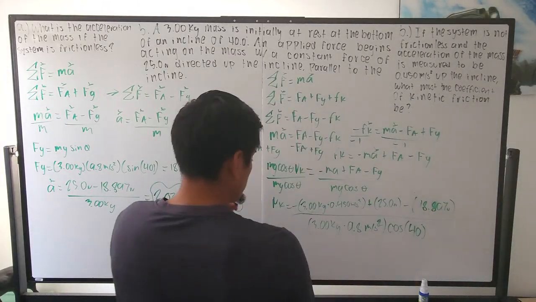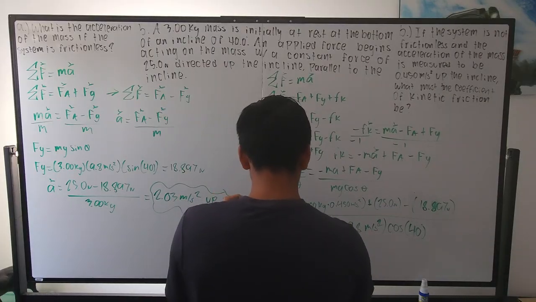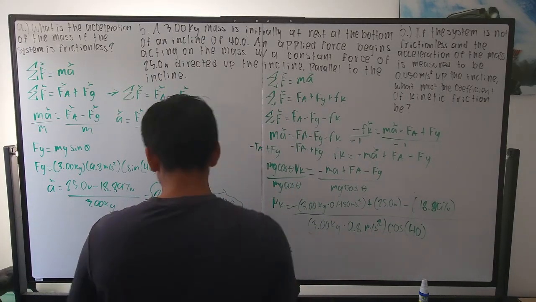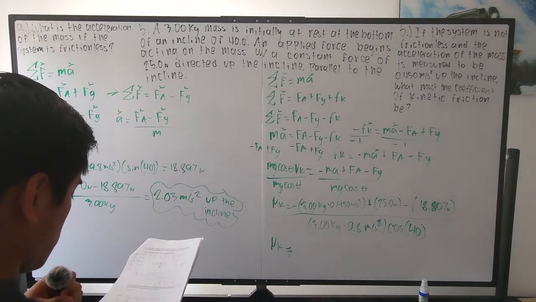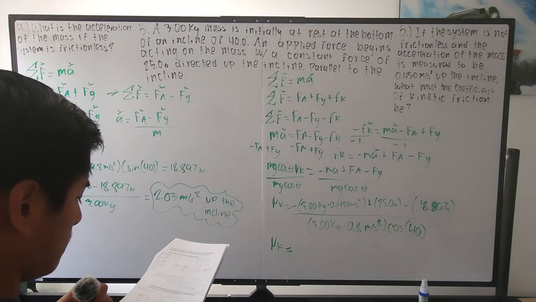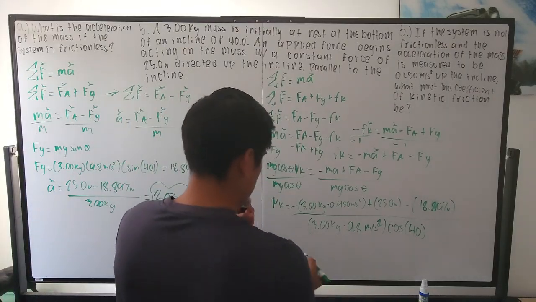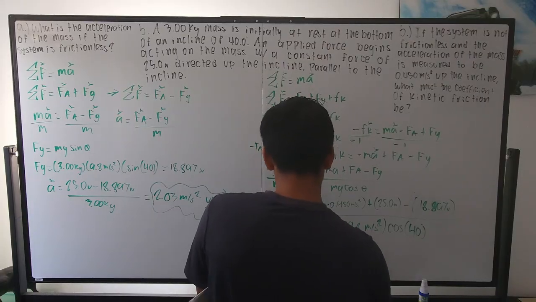Plugging that into your calculator, we'll get that mu K is equal to, rounding, 0.211.